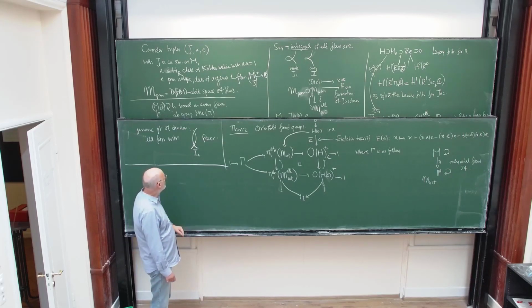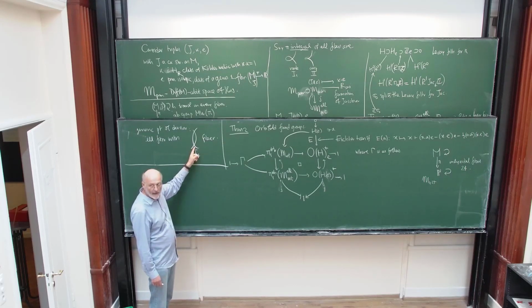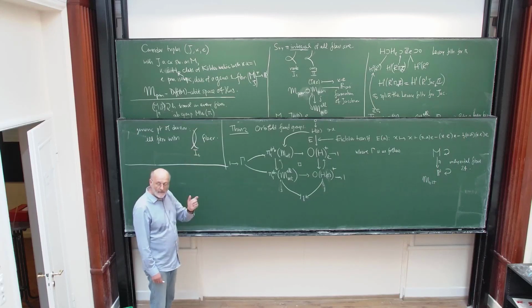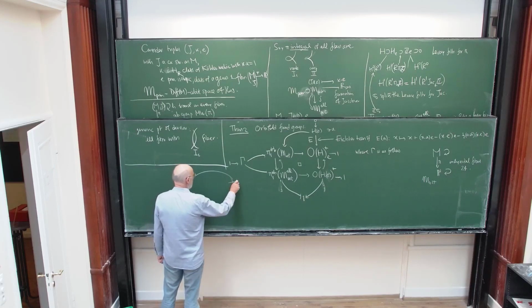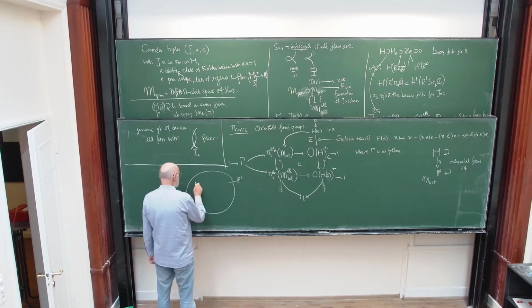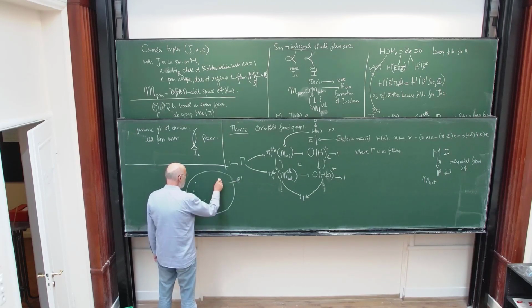A general point of the divisor is represented by something like this. How do I make that geometrically? So here we have our P1 with all these points, these 24 points.